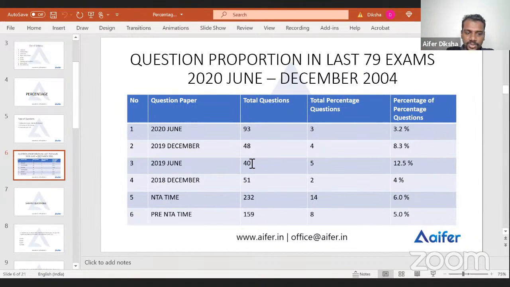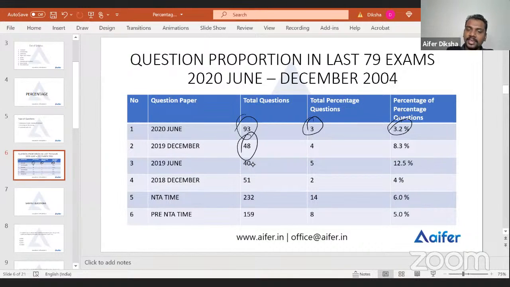Out of these 93 questions, 3 are from percentage, around 3.2% of the mathematical reasoning questions.